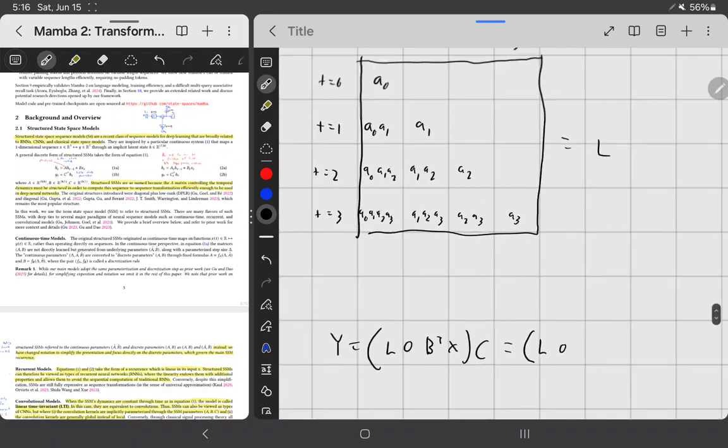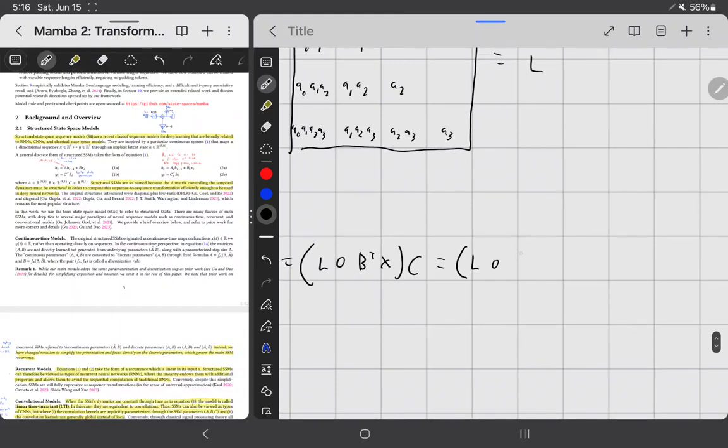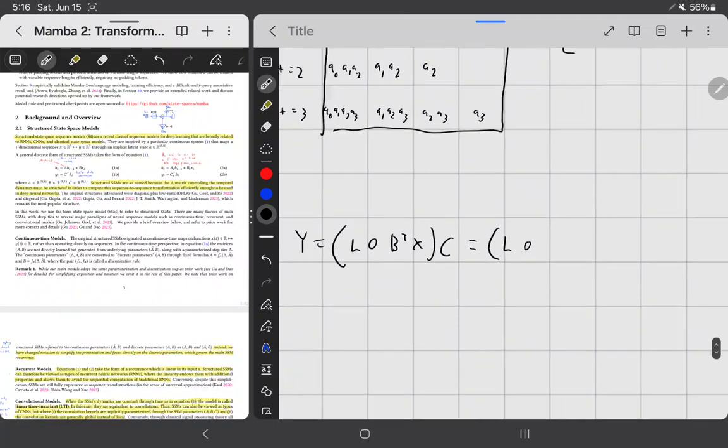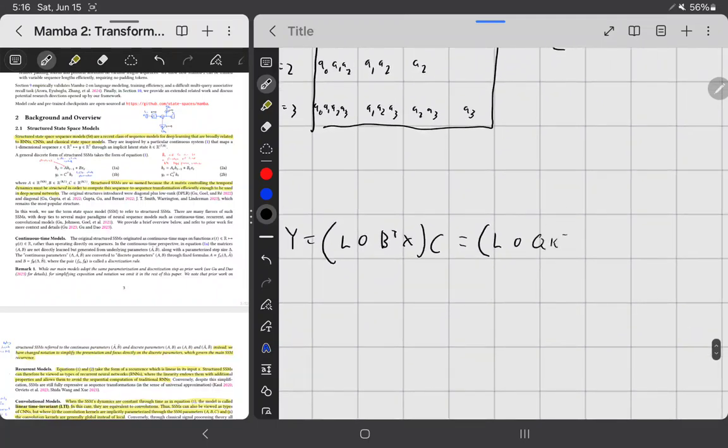But this is directly related to attention, because this is essentially the attention formulation, which is QK transpose V. No, sorry, XV transpose. I'm getting my transposes wrong here, but it'll become apparent later.